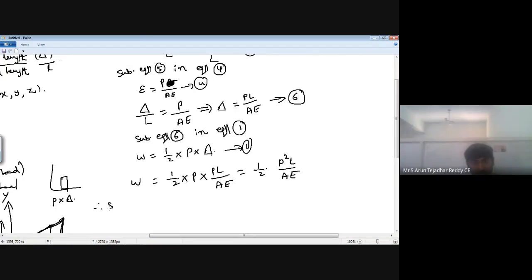Therefore, strain energy due to axial load. In previous we discussed that strain energy is equal to work done.